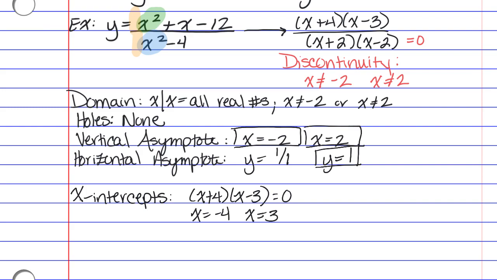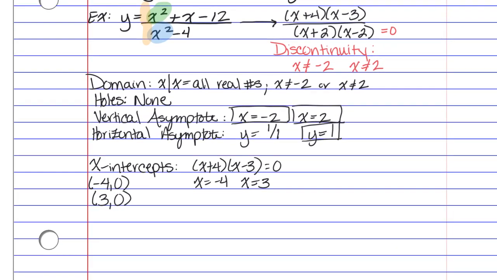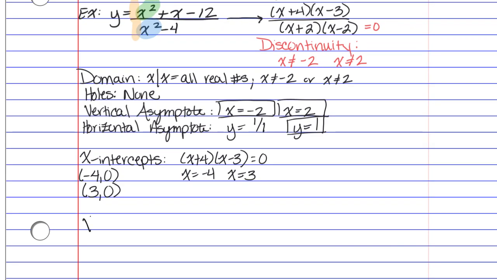Written as ordered pairs, I would have (-4, 0) and (3, 0). When I'm looking for my y-intercept, I'm simply going to evaluate my function when all my x values are equal to 0.